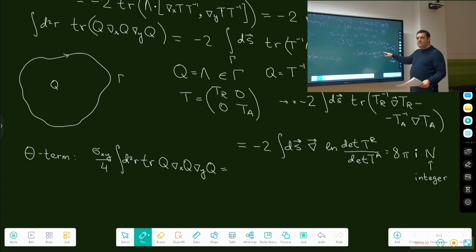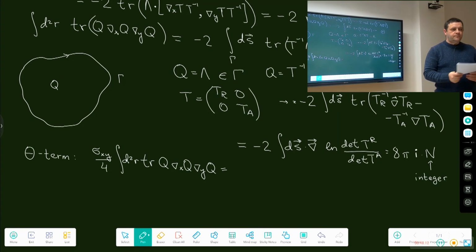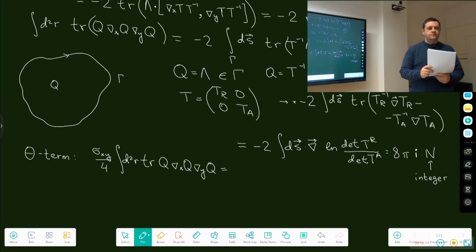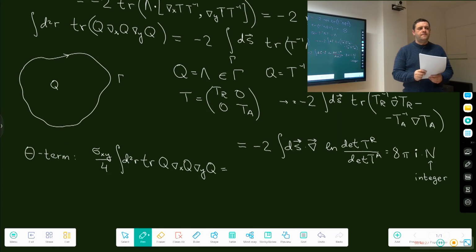So this is like twice the logarithm of just TR, and then it's an extra 2. It's not clear that it should be like that. It cannot be any other, like -1, for example. The determinant of T cannot be -1.